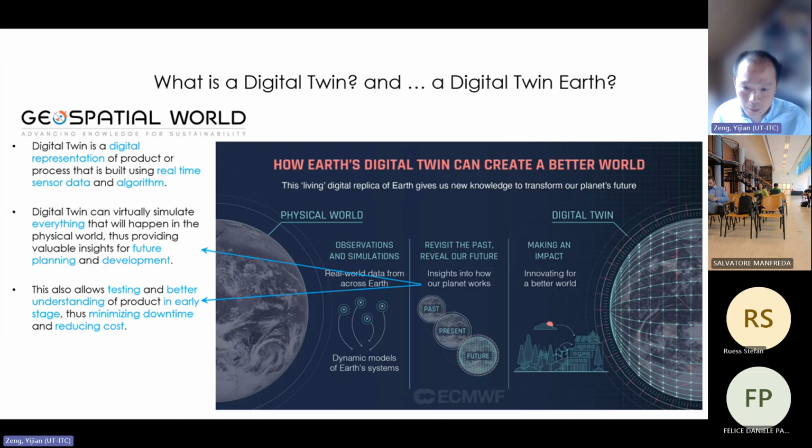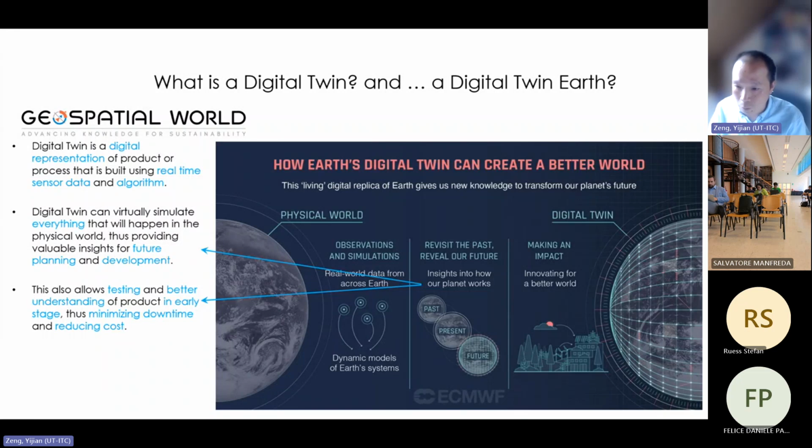For the past, it's something like ERA5 reanalysis, reanalysis data from ECMWF. And for the present, it's something like nowcasting. When you have the Earth observation data, you can numerically predict the weather conditions.